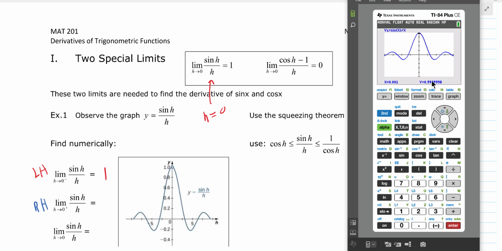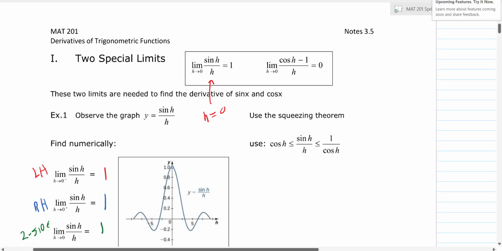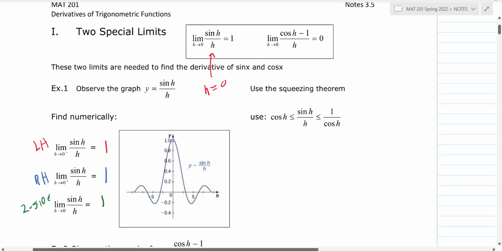And you can see pretty clearly that's also approaching 1. You can tell by the graph. And then the two-sided limit would also approach 1 like that. So that would be how you could use a calculator to verify visually, with some approximation techniques, what that limit is. Another thing we learned a little early in the semester is the squeezing theorem.